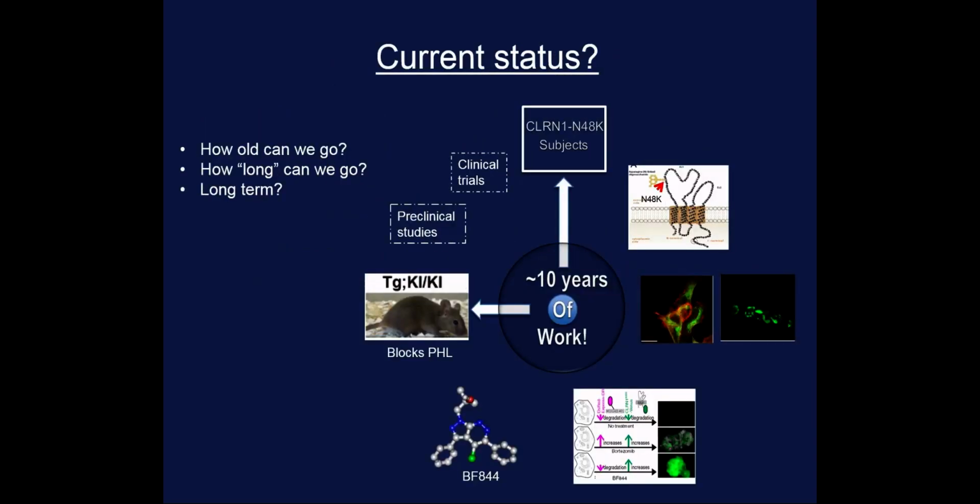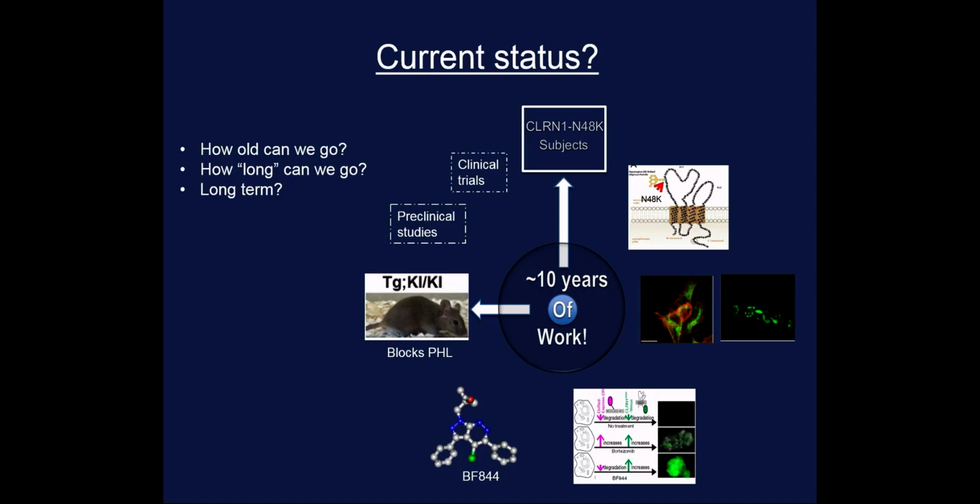This slide summarizes all of our effort in the small molecule project. At the 12 o'clock position, we start with the N48K subject and go down to the 2 o'clock, 3 o'clock, 5 o'clock, 7 and 9 o'clock positions, where we end up showing efficacy of the small molecules in the mouse model in vivo.